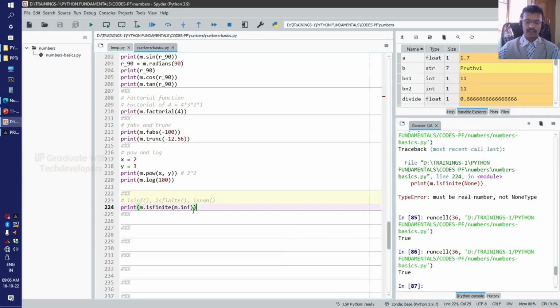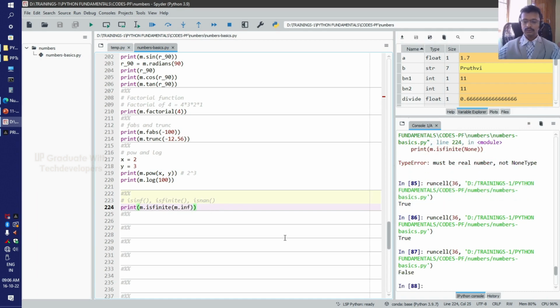We can create an infinite number using math.inf. It results in false, because an infinite number is not a finite number.